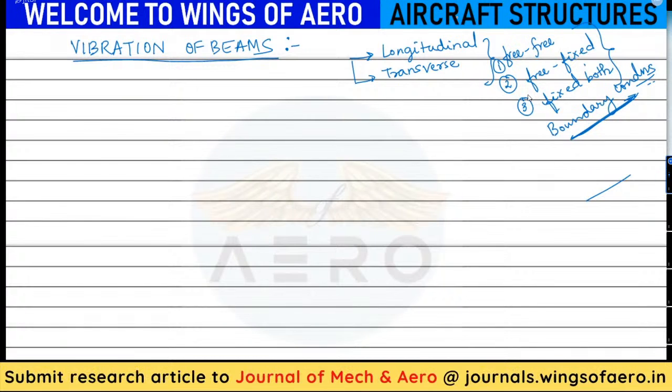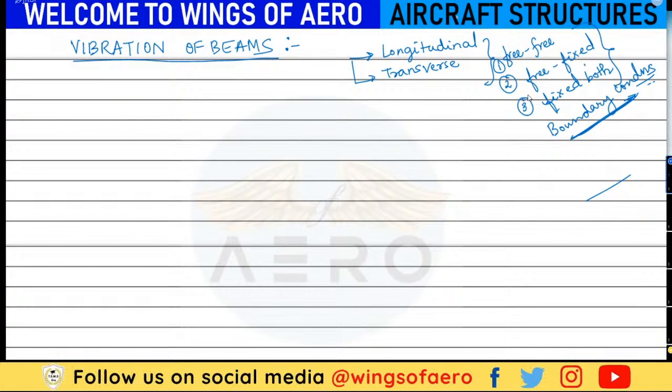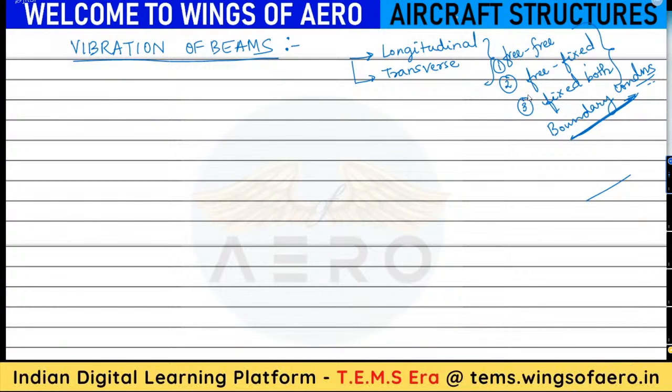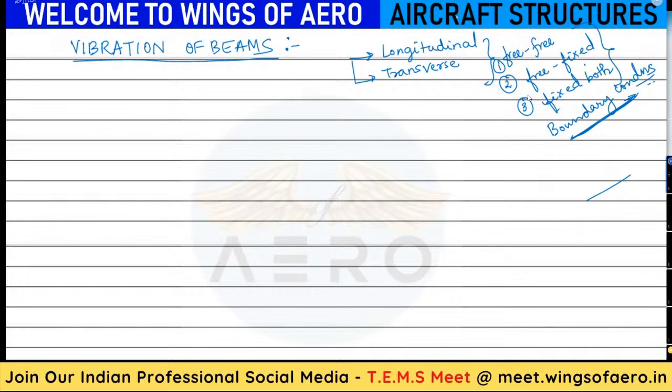Instead of longitudinal, they can also say when any beam is subjected to axial force. In case of transverse, they can use the phrase transverse direction, or the load is along the transverse direction.